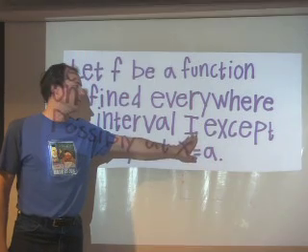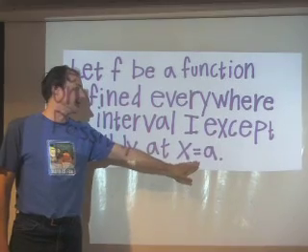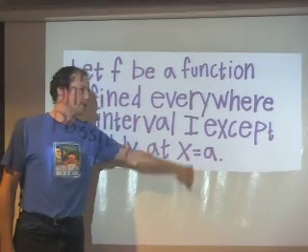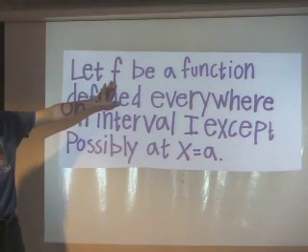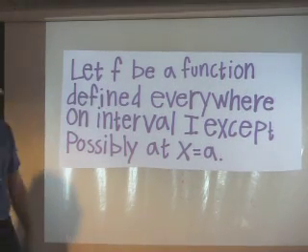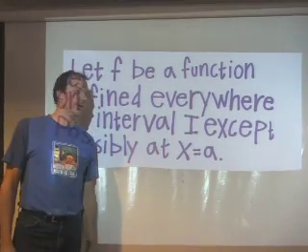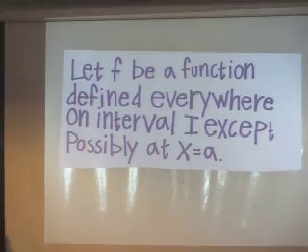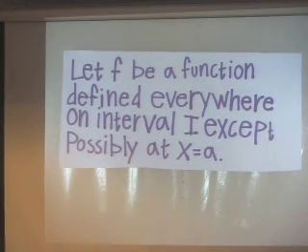We'll call that interval I, but it's just an interval of x values, like say from 0 to 8, and it contains some special number that could be 2. And f is a function that's defined for all those values on I, except at one value, such as 2. Okay, so we've got a function f that's defined on an interval, except possibly at a.